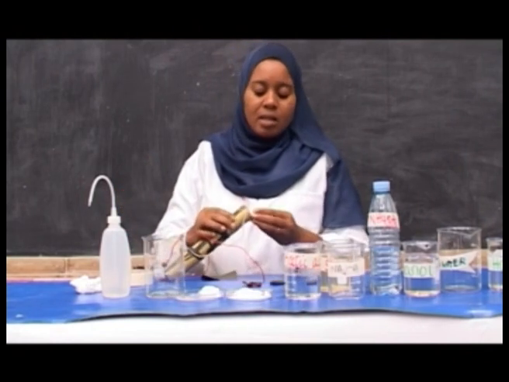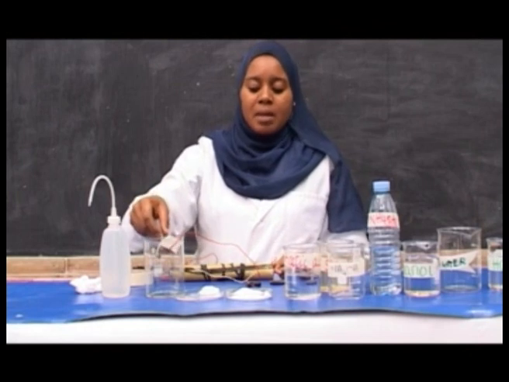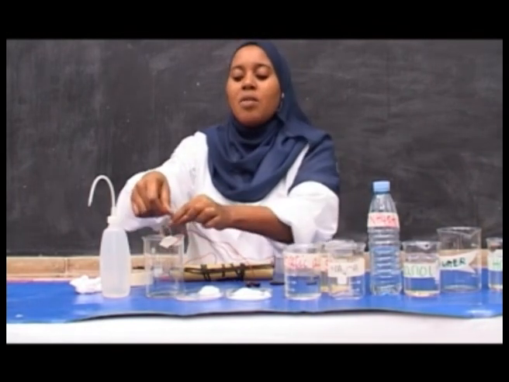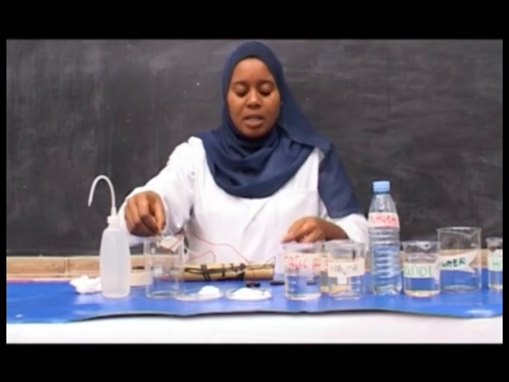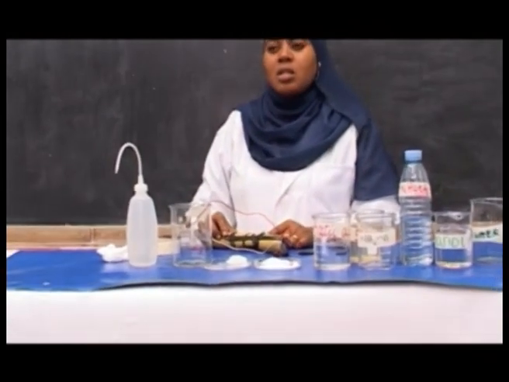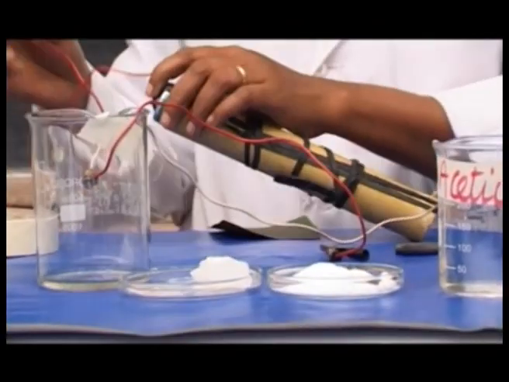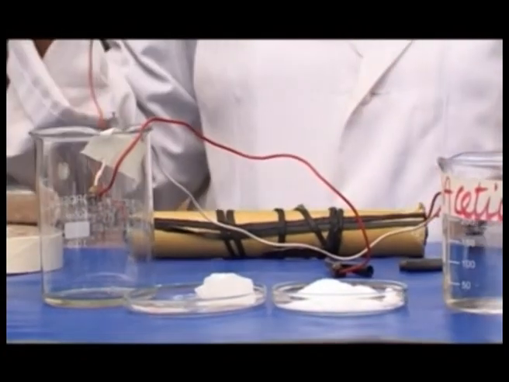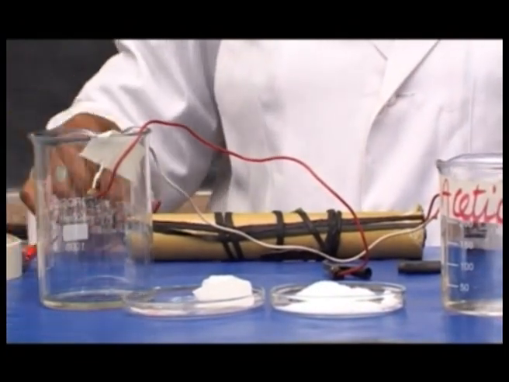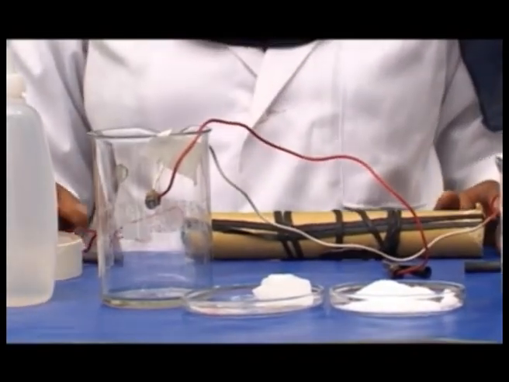In connecting this battery to the bulb, make sure that the base of the bulb is connected to the negative pole of the DC source, and the positive pole of the battery is connected to the crocodile clip where you could connect your electrode.